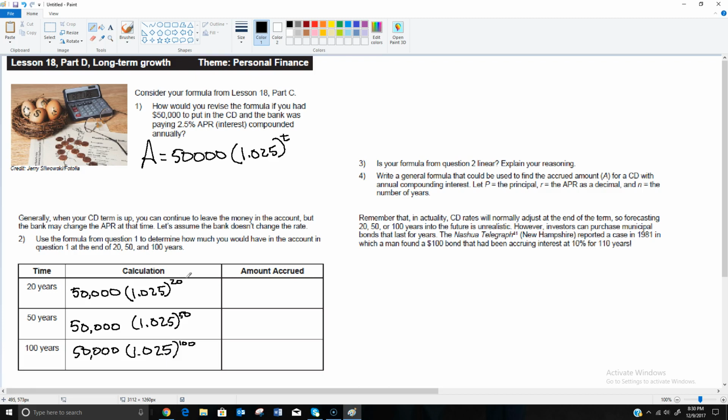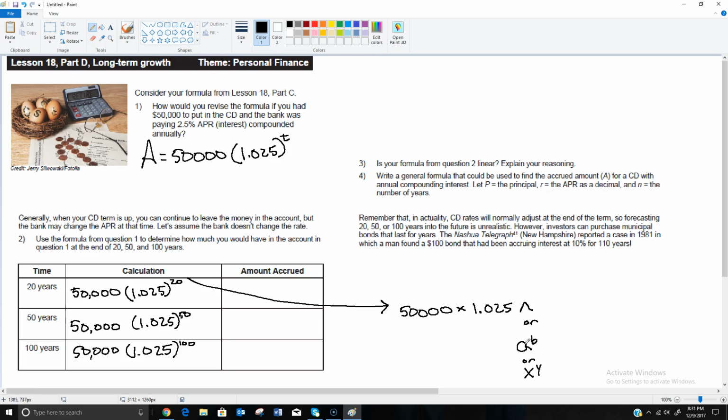If you are not familiar with this, I think we've done this before, but just in case, remember that this power, if you're trying to figure out how to do that, on most calculators, you would type in your 50,000, and then you could do times 1.025, and then for power, there's going to be one of two buttons. It's either going to look like a to the power of b, or it might be x to the power of y.